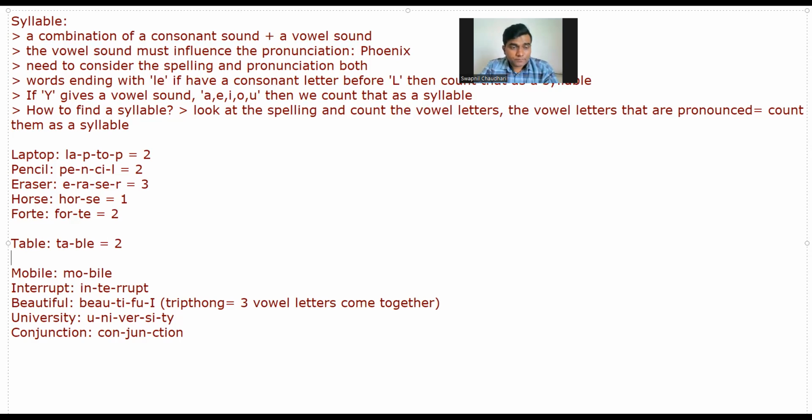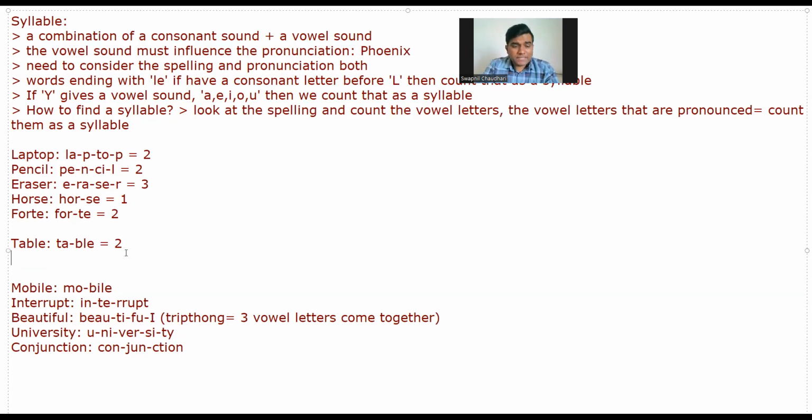Now another example of this is the word syllable itself. So syllable, right? Again, this word is ending with LE, correct? And does it have a consonant letter before the L sound?